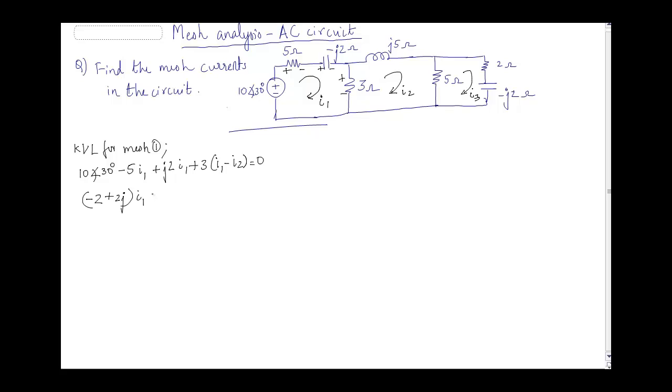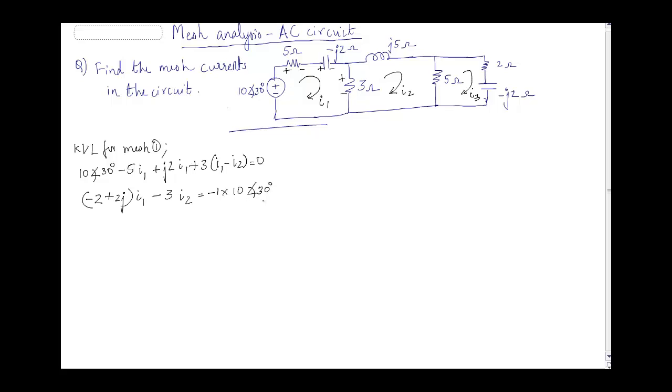Next, i2. If I have to look, there is only one i2 here, so it is minus 3 i2. And this one, I have to take it to the other side. When I take it to the other side, remember, I have to write it as minus 1 into 10 angle 30 degrees. Please remember, you should not write it as minus 10 angle 30 degree, because it will be wrong in calculator.